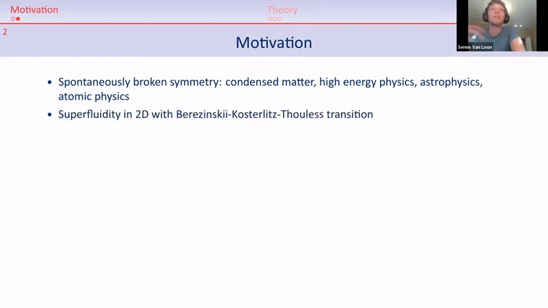And two dimensions are interesting because superfluidity there occurs through the Berezinskii-Kosterlitz-Thouless transition. And if you look at high temperature superconductivity, and again, Henning Moritz talked more about this, you see that a lot of superconductors that work at relatively high temperatures tend to favor some kind of two-dimensional structures.